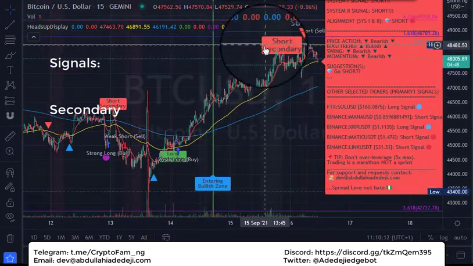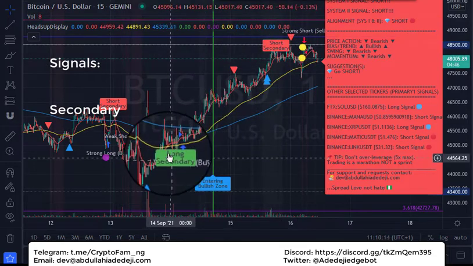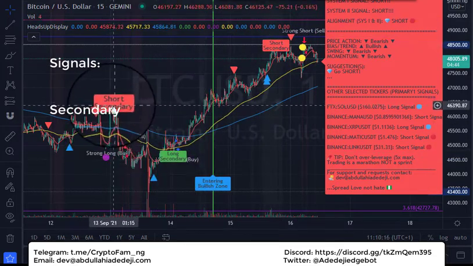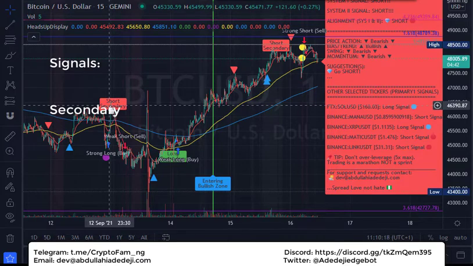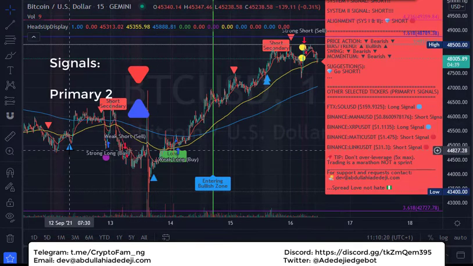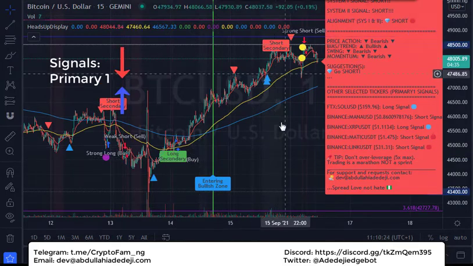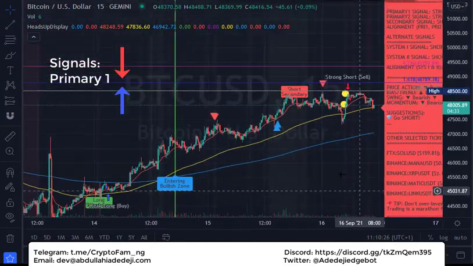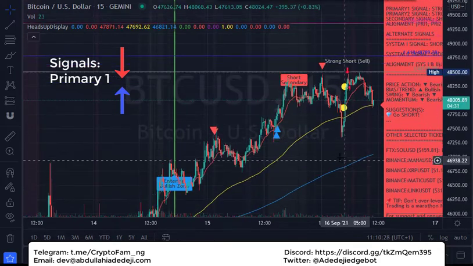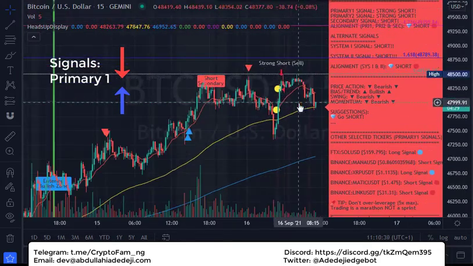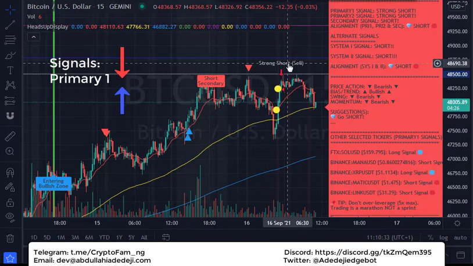The secondary long, short secondary, that's the secondary signal. The triangle, that's the primary 2, and then the arrow is primary 1.